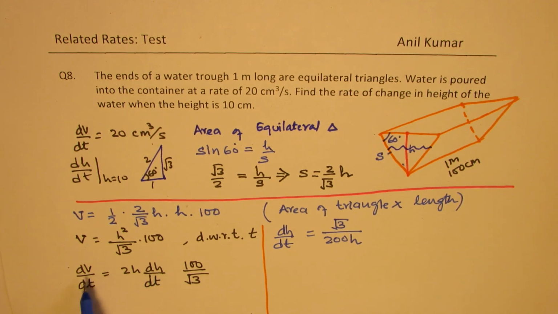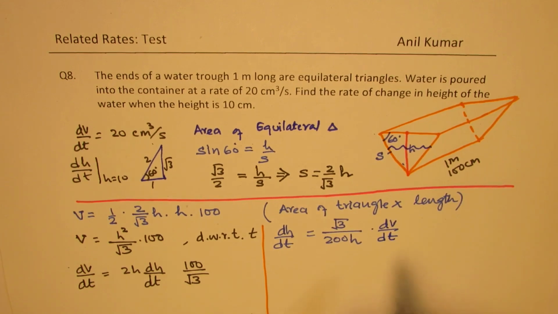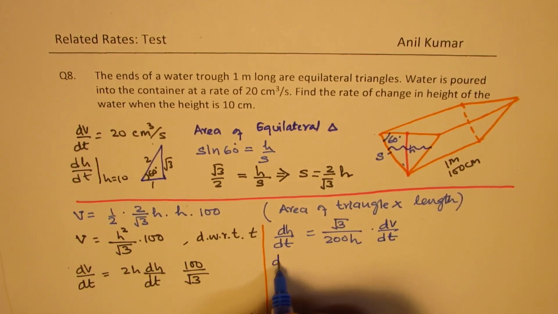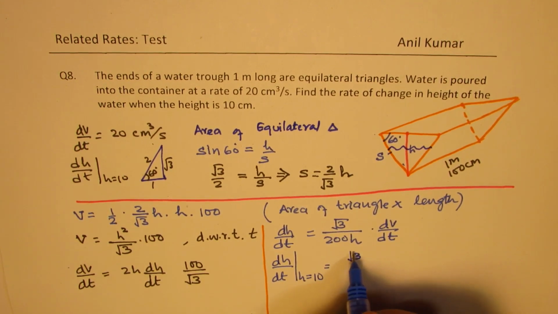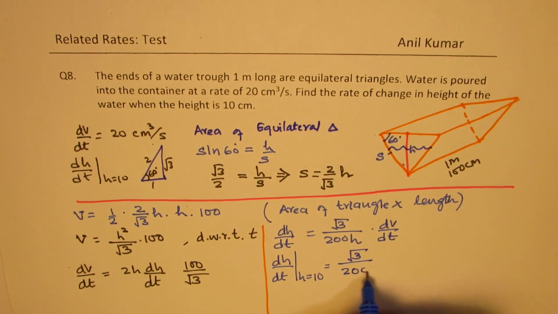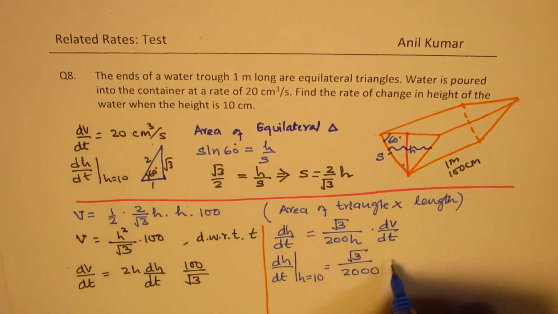So times dV/dt. Right. Substituting the values, we get dh/dt for height equals to 10. So it will be square root of 3 over 2000. dV/dt is given to us as 20 centimeter cube per second.